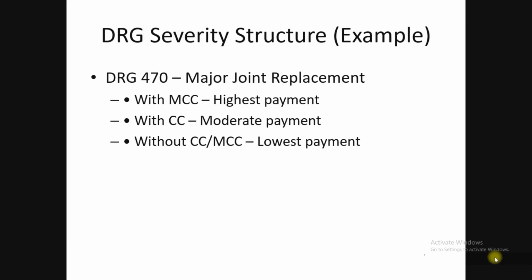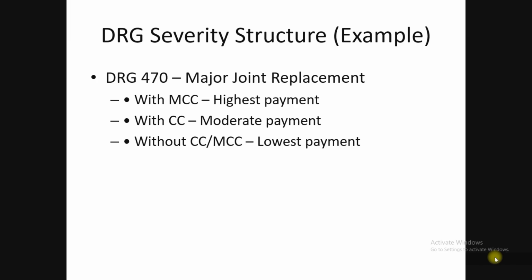Now we'll see one example related to DRG severity structure. DRG 470 is common for major joint replacement. With MCC, we have the highest payment. With CC, moderate payment. Without CC or MCC, the lowest payment.